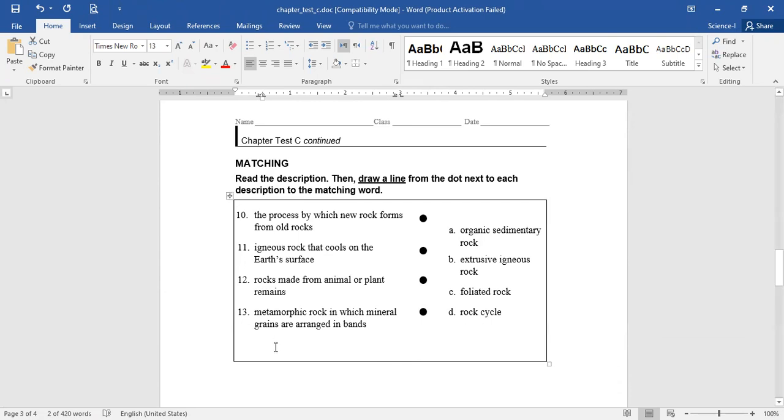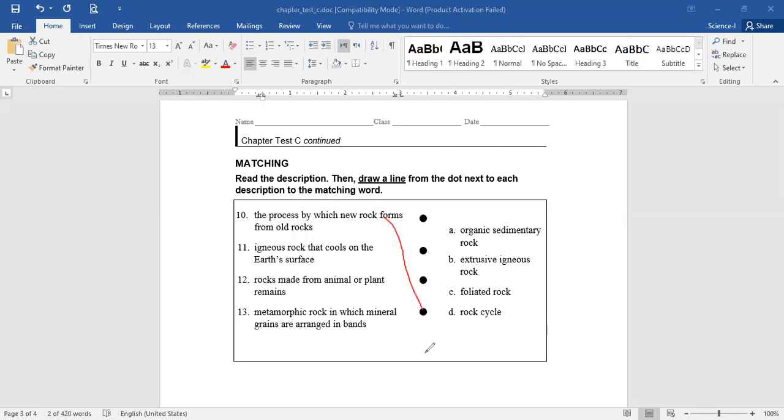Let's try to match these four statements. The process by which new rock forms from an old rock, we call the rock cycle. Good.